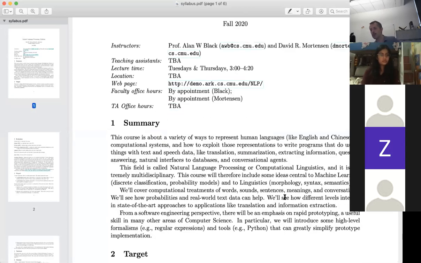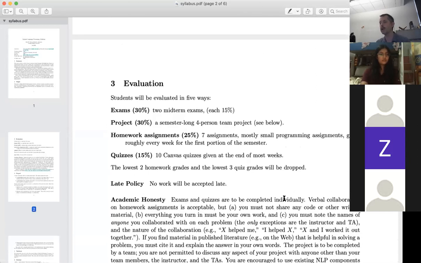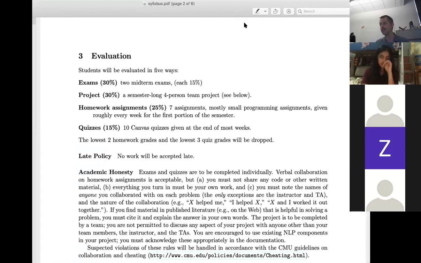So let's go to the part you care about. Just kidding. I know you care mostly about the content, but here's grading and evaluation.